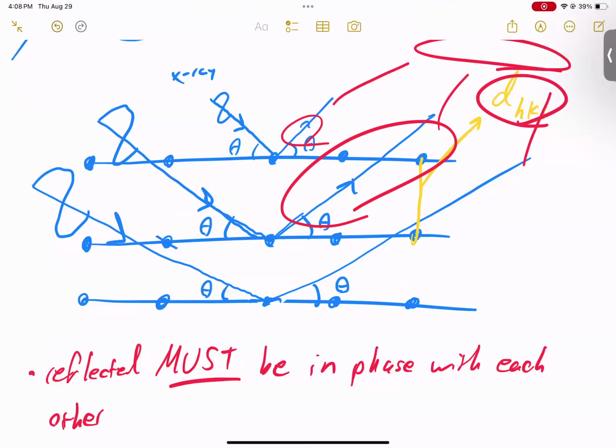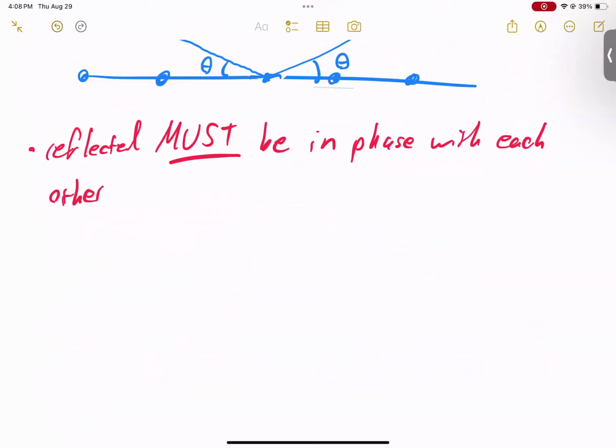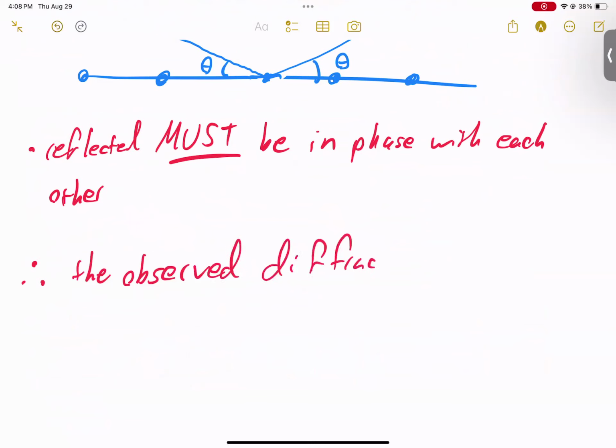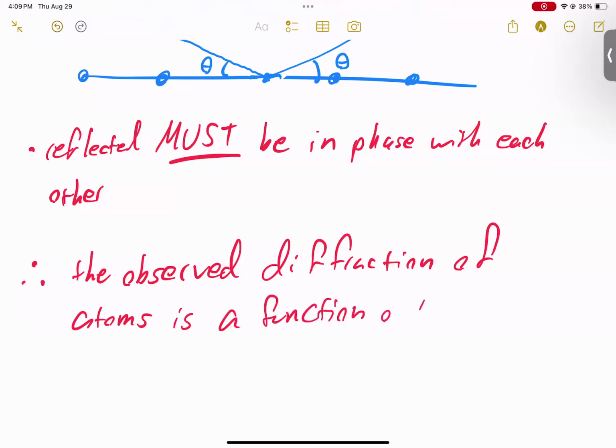So what we can then determine from there, I'm just reviewing my lecture notes as I go along to make sure I'm not forgetting anything: the observed diffraction of atoms is a function of atomic separation.